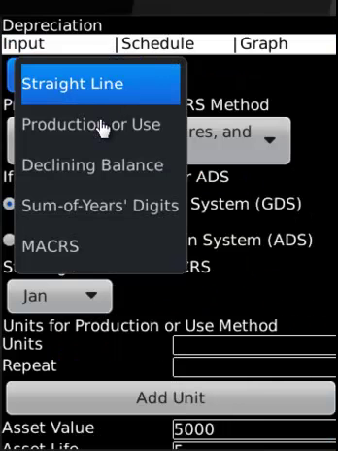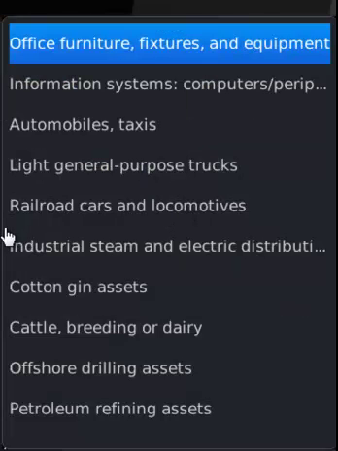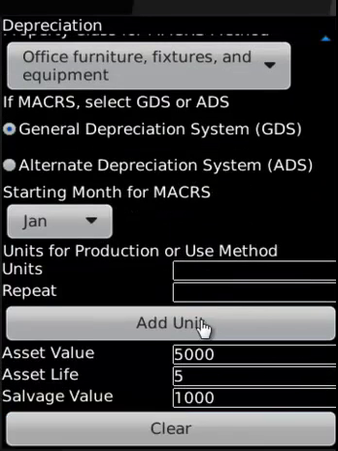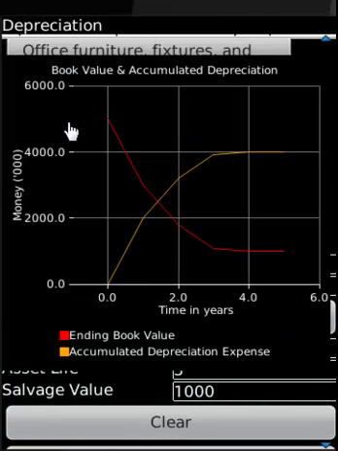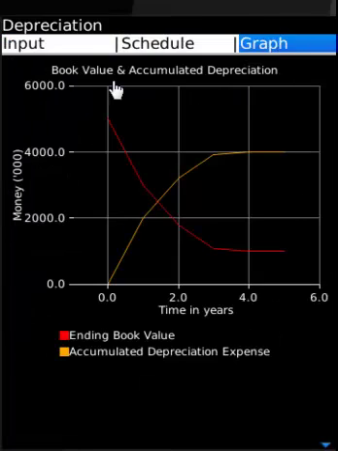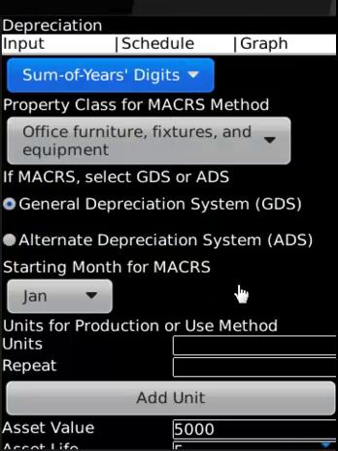Similarly we can change this to declining balance. If you select declining balance, let's calculate it. This is how it looks, the schedule and then the graph. Now let us change this to sum of the years digits.